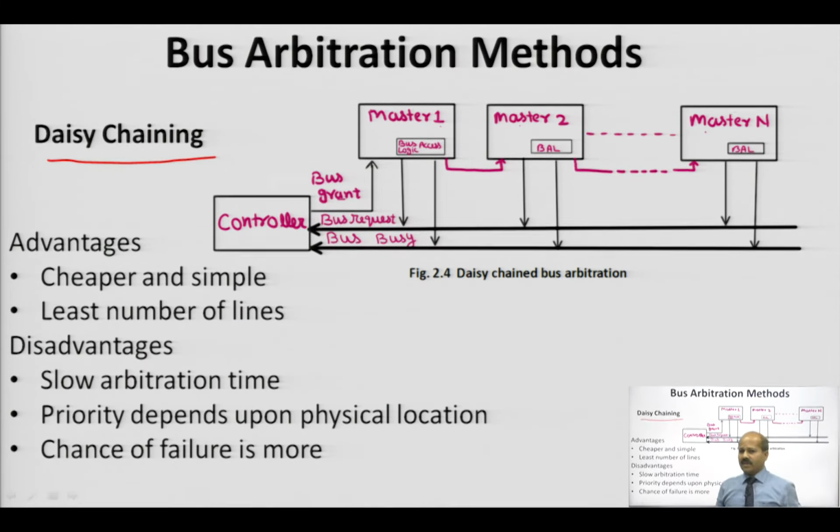In this case, the bus grant signal is propagated through the first master. You can see the controller will always issue the bus grant signal to the first master, and from the first master this signal will be propagated. If master 1 is not requesting the bus, then the bus grant signal will be passed to the next master, and in this way the bus grant signal is propagated.